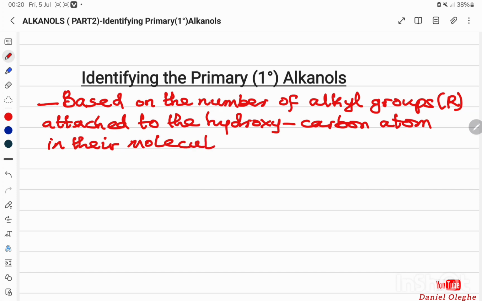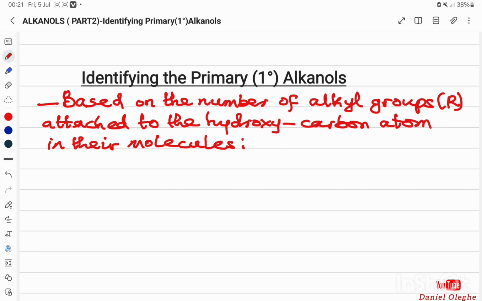In the previous video, we looked at the first way of classifying alkanols based on the number of hydroxy groups present in their molecules. Today, we are looking at another way we can classify alkanols into groups based on the number of alkyl groups attached to the hydroxy-carbon in their molecules.